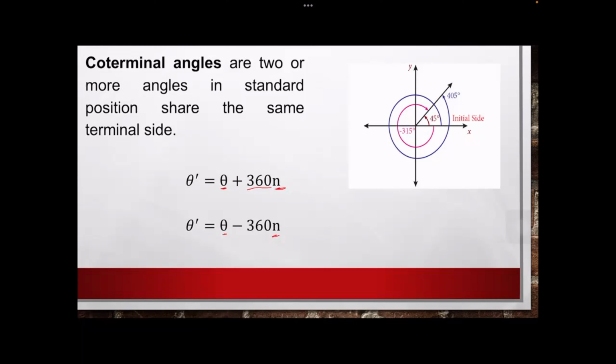Ito yung kanyang terminal side. 45 plus 360, magkakaroon ako ng 405. Tapos yung isa, 45 minus 360 is 315. Dito pa rin siya, magtatagpo silang dalawa.